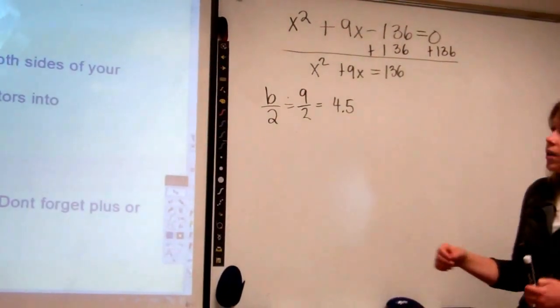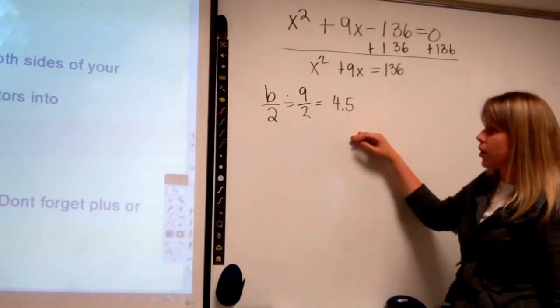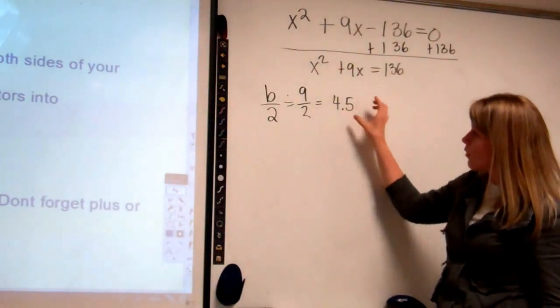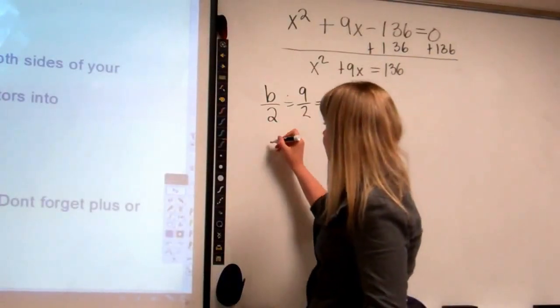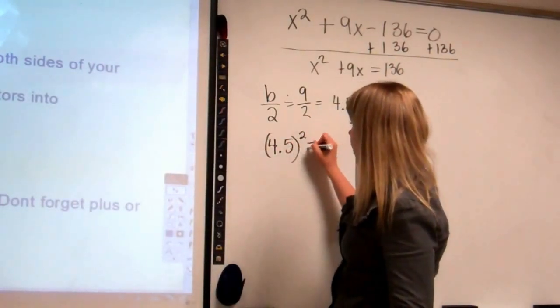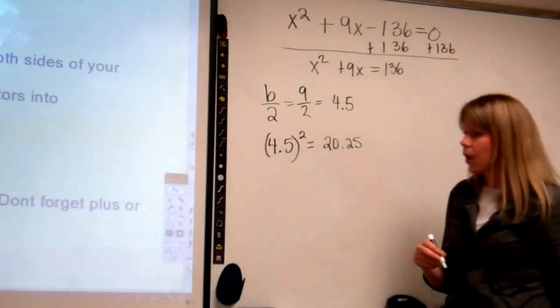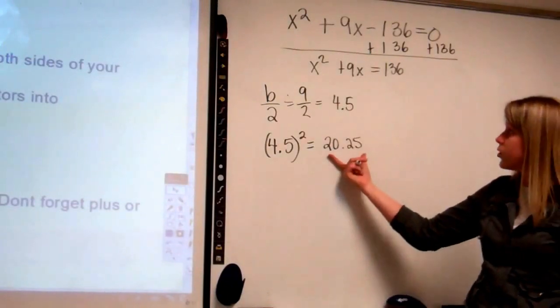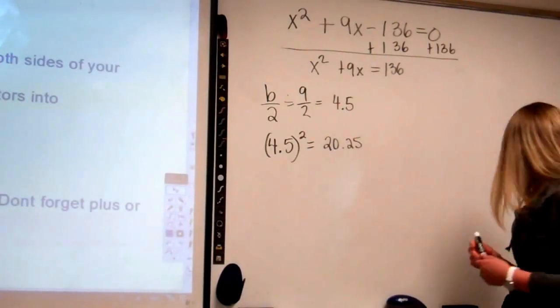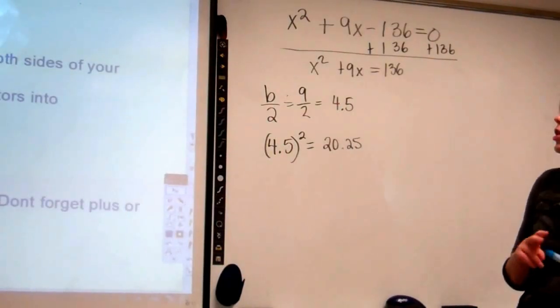The next step says square it and add this number to both sides of your equation. So we're going to take the 4.5 and square it. 4.5 squared is 20.25. The next step is to add the 20.25 to both sides of your equation.